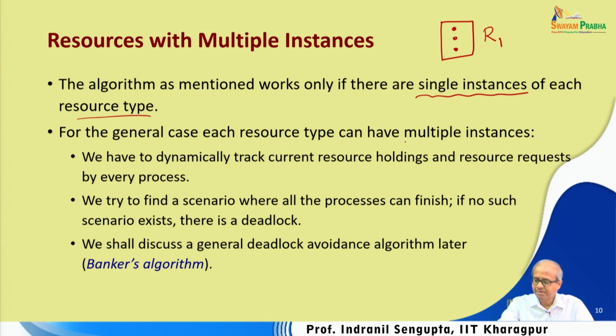So, there can be multiple instances of every resource. So, we have to dynamically check whether resource requests generated by the processes should be allocated or not. We shall be discussing some of these methods later in our next lecture.